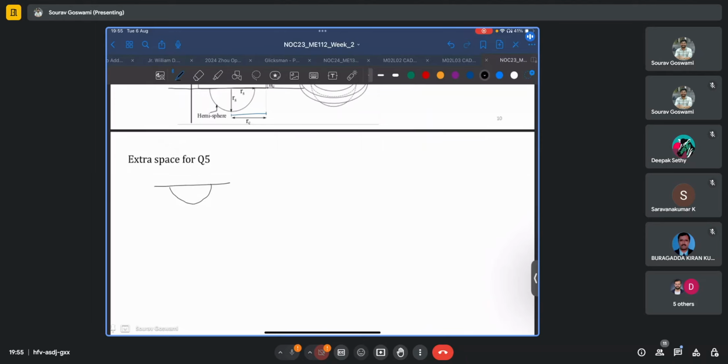And say this is the substrate. Of course, there will be some small support here also, but for the purpose of this question, it can be ignored. And supports will be required for all of these regions.